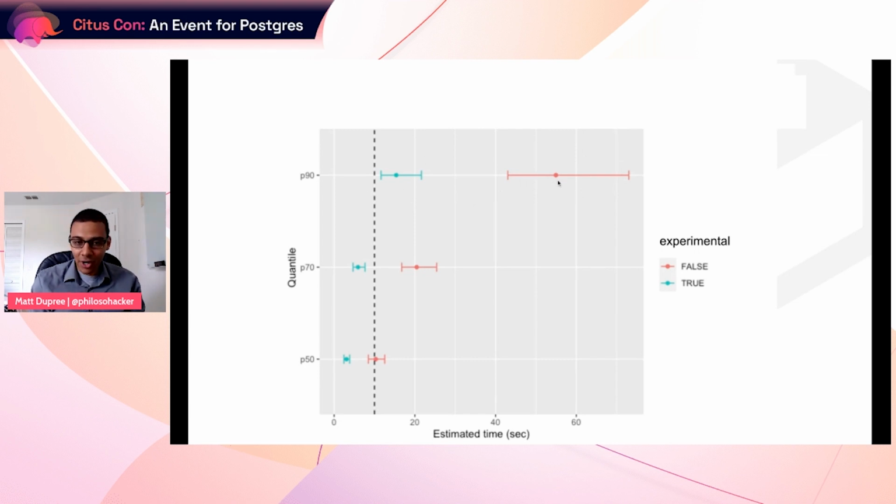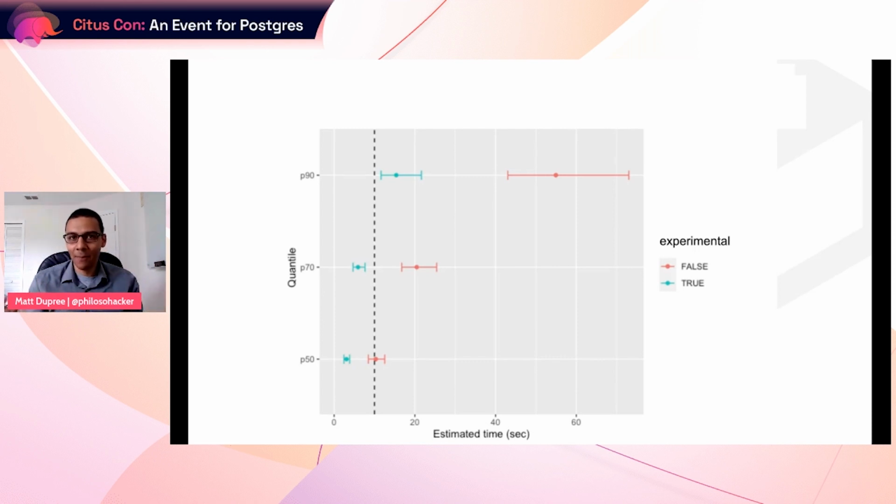And what we're seeing here is that there's a statistically significant difference between the performance characteristics of the experimental query versus the control query. And so now when we made our tweaks to the SQL or added an index or some sort of configuration change, we can be confident that this is a real statistically significant difference in performance. It's not the result of some sort of noise of running it at a particular time of day or running it for a particular customer or running it when the cache is warm.